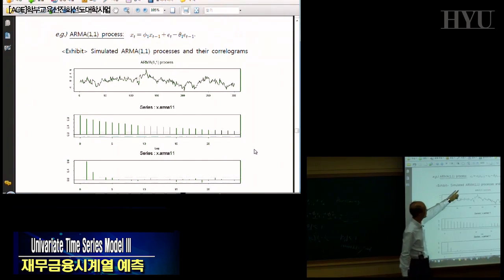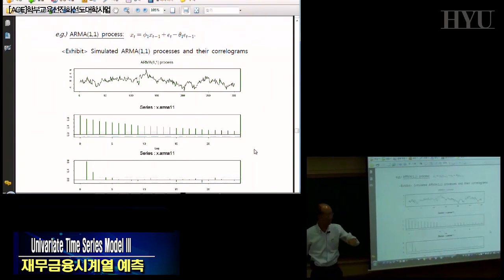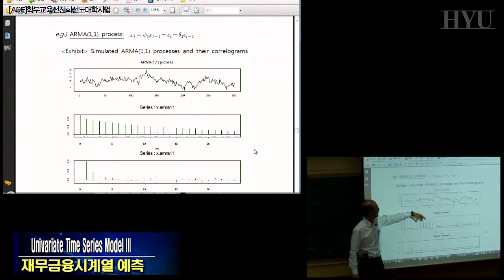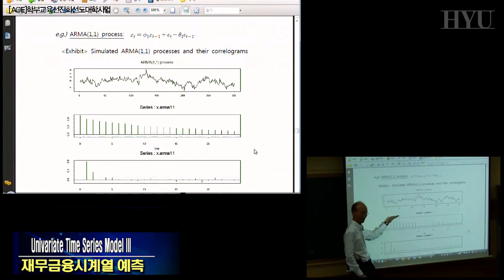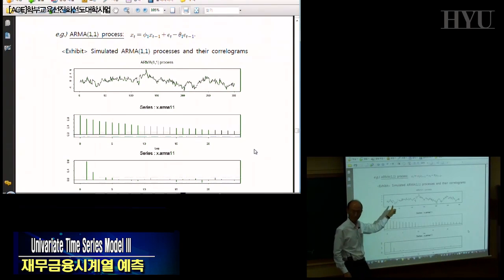There is no constant appearing here. So you have 0 long-term value. And you have a feature like this one, so like moving around this mean. And also this feature, which makes things bumpy.